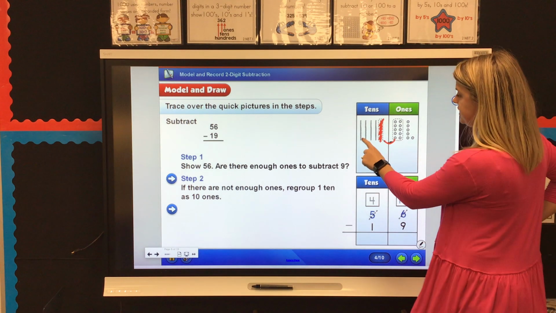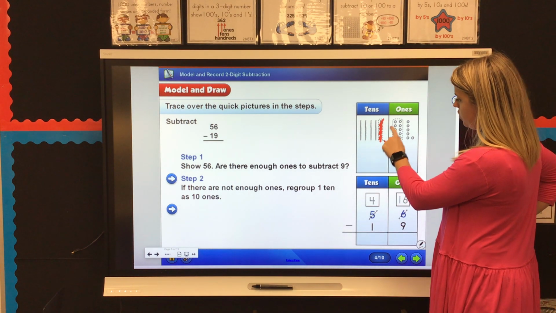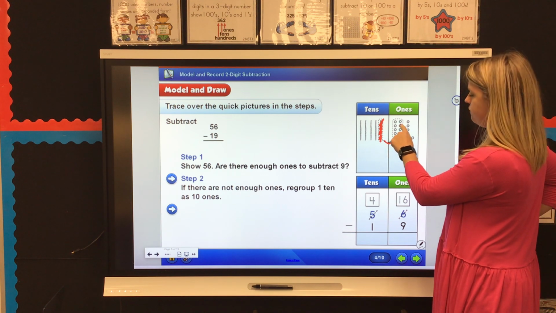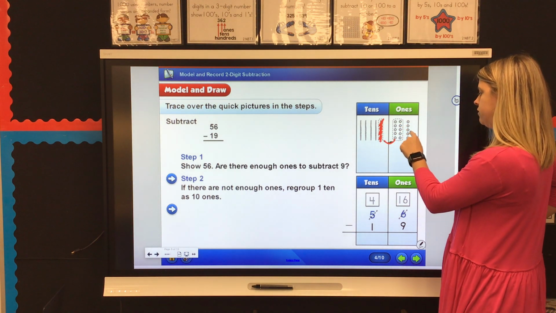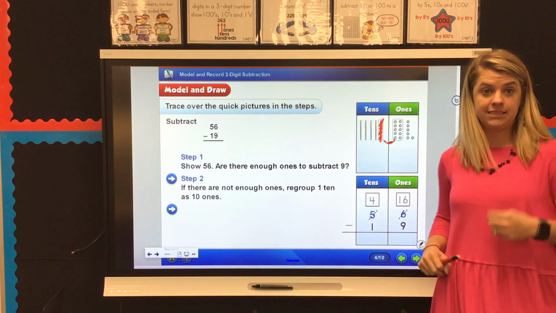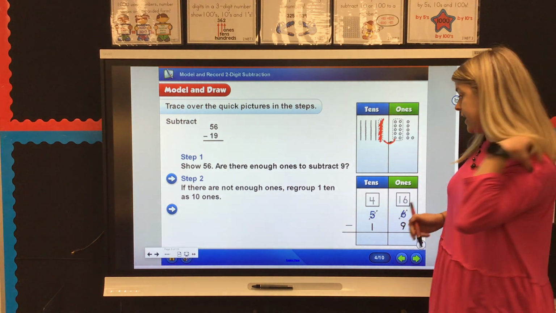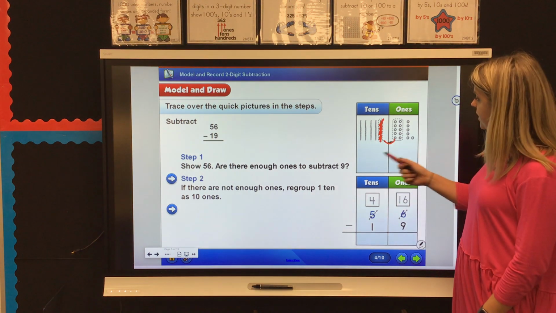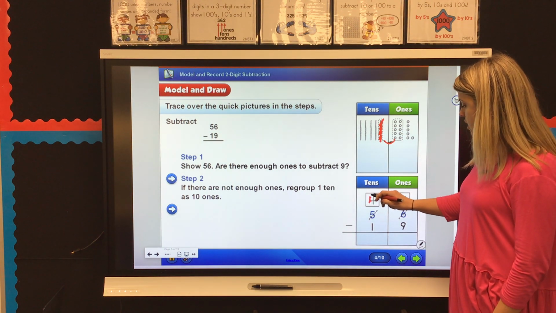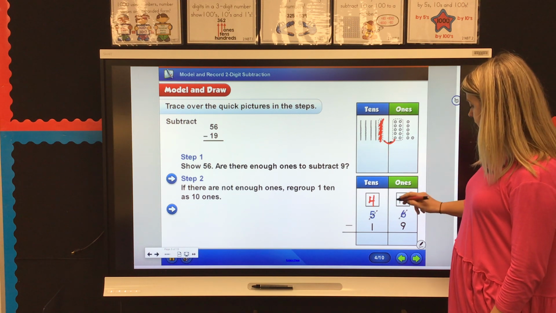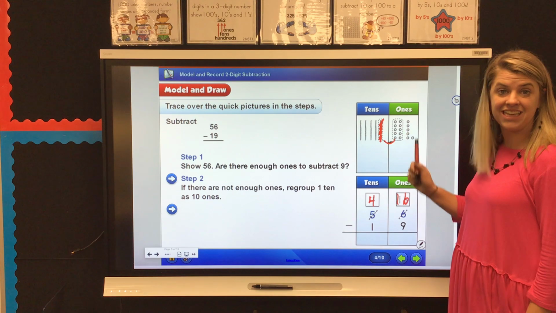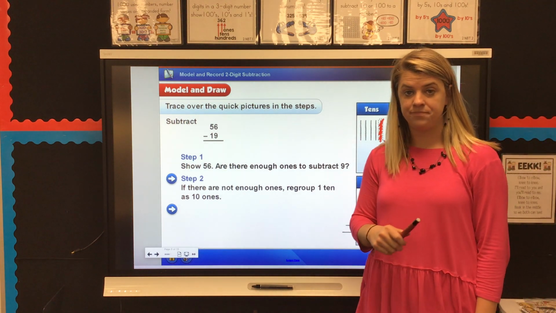We still have 56: 10, 20, 30, 40, 41, 42, up to 56. It's just shown differently. Now, instead of 5 tens and 6 ones, we showed 56 as 4 tens and 16 ones, because 10 plus 6 equals 16.